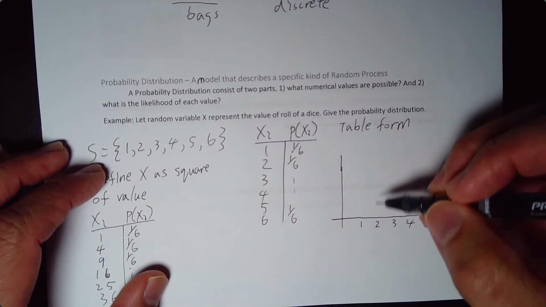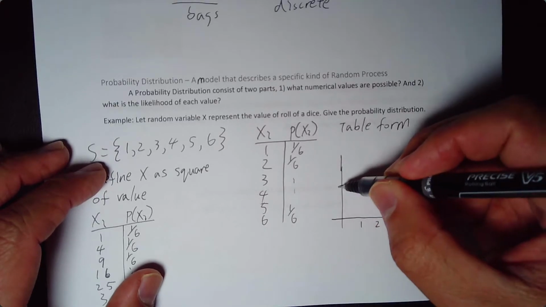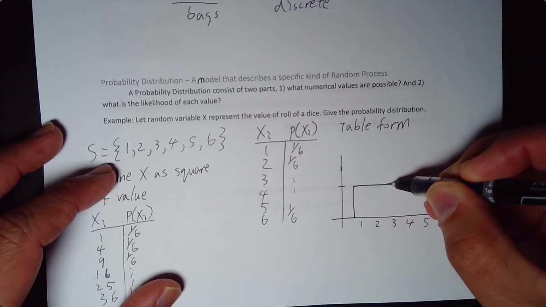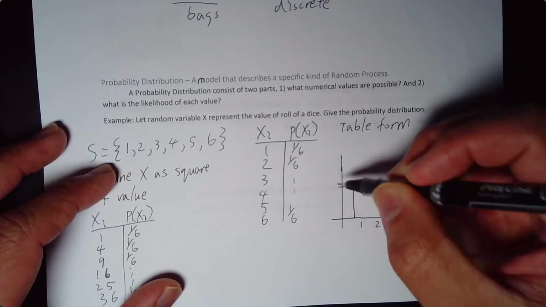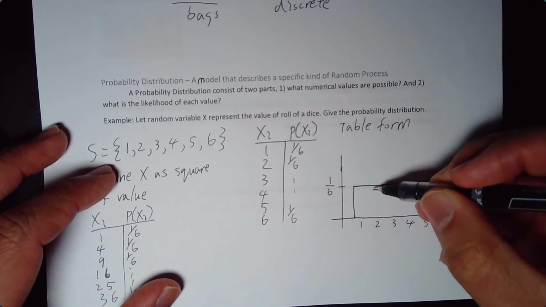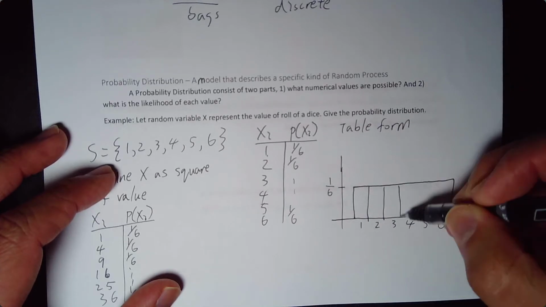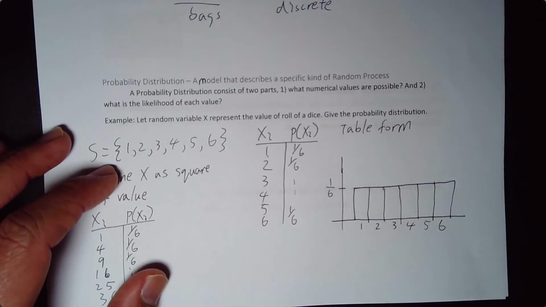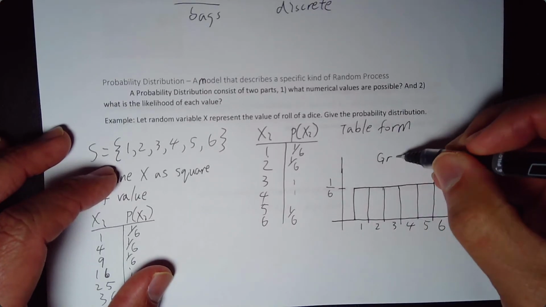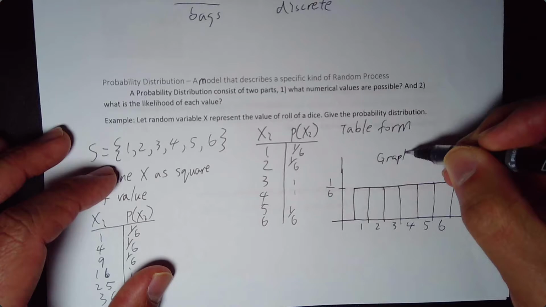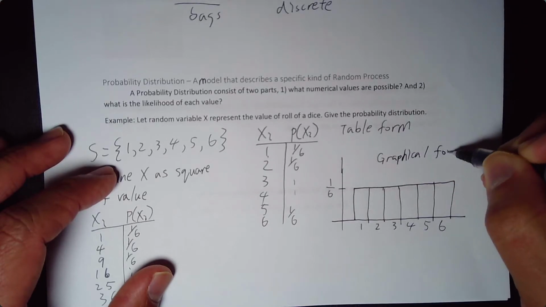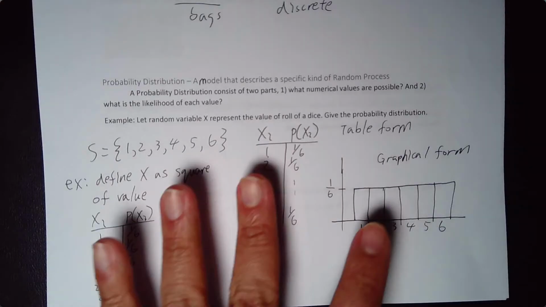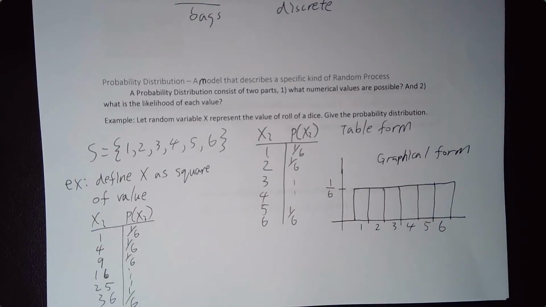We'll talk more about this, but I'm going to get a flat line here. I'm going to get a uniform distribution, because all the heights are the same, 1/6. So it's a flat line that gives me a rectangle. So this is a graphical form, or graph. Both of these ways are describing the probability distribution.